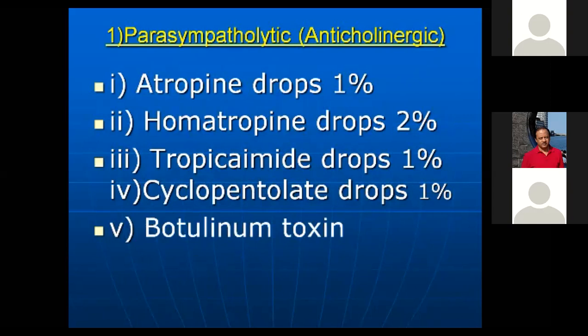These all five drops are frequently used in ophthalmology. So just remember these important five drugs. There are numerous other drugs which act on the pupil besides these five drugs, but just remember these five drugs with their percentages.